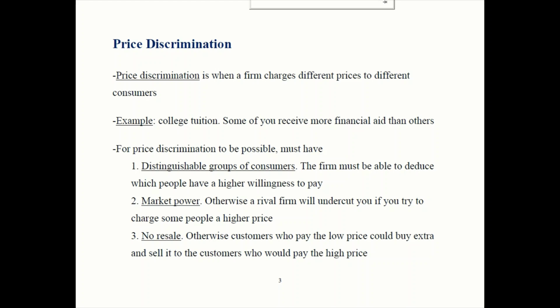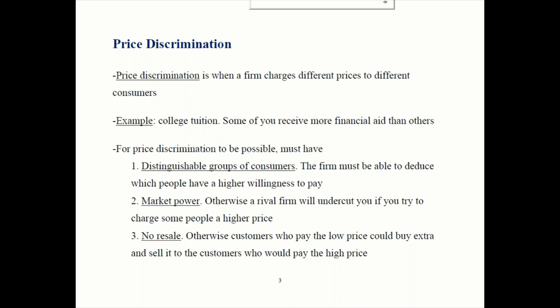The firm also has to have market power. Remember we said what that was about earlier. Market power is the ability to set prices. The opposite was when you have perfect competition, where the firm has no ability to influence price. So if you have perfect competition and you try to price discriminate, then the other firms out there are going to offer a lower price to the consumers you're trying to charge more.